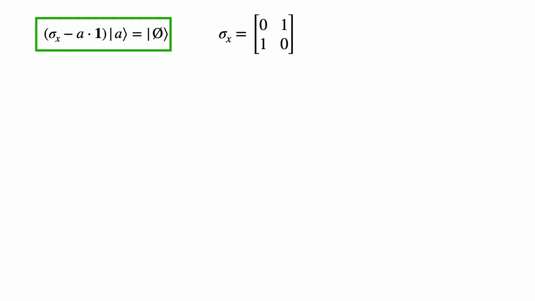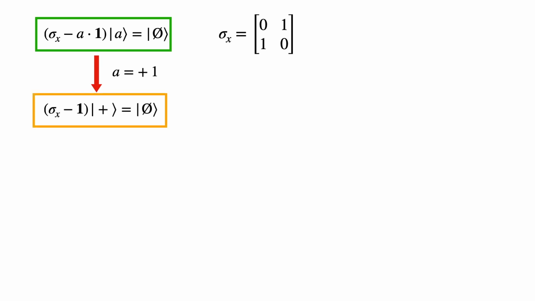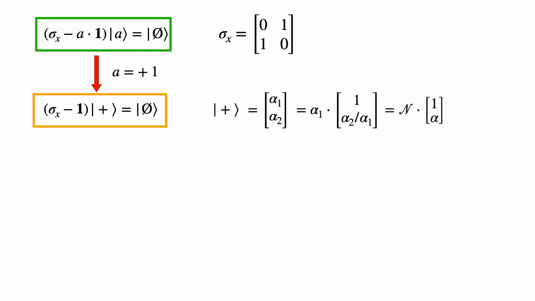Let's find the plus state using the eigenvector equation. The plus state can be represented as, bringing out a normalizing factor n, a column with 1 as the upper entry and alpha as the lower entry.